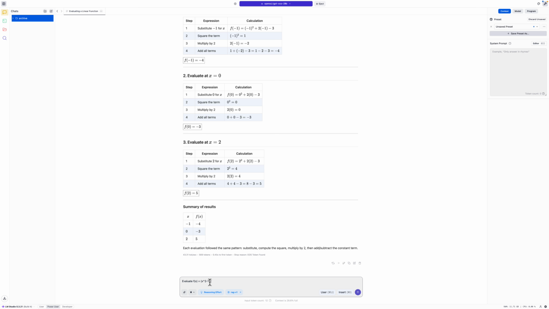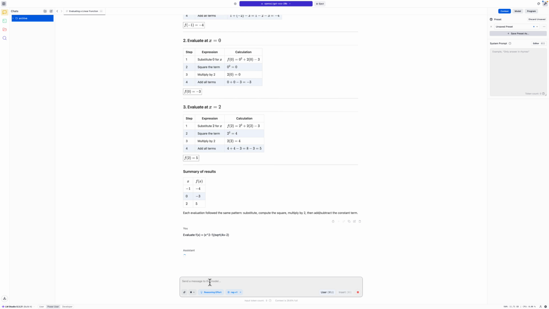Then we're going to put parentheses, because I can't do square roots here. I guess I could say square root, put parentheses, 4x minus 2. I think it's smart enough to know this. I don't think I need to put parentheses where the square root starts and ends. I don't think so. Let's see how smart it is.